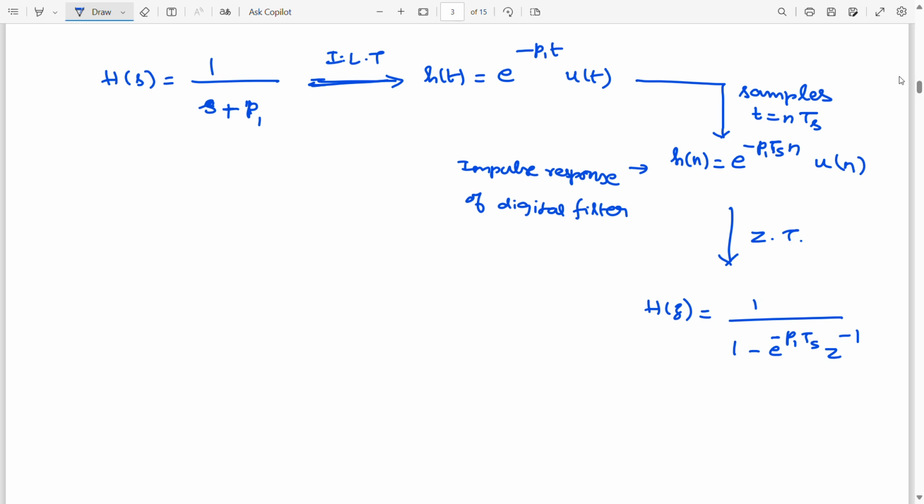So this is the transfer function of the infinite impulse response filter.